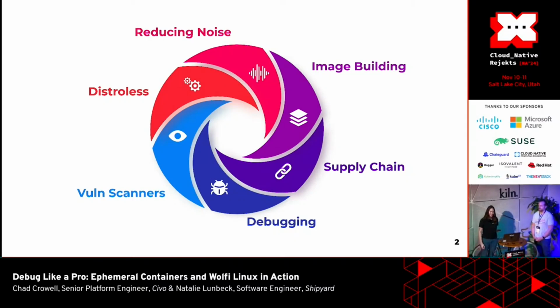Supply chain security as a whole, because you don't want complex dependency chains that can be very overwhelming to remediate once something inevitably does get introduced. And then just talking about debugging as a whole, like how you can use distroless images to get into that.